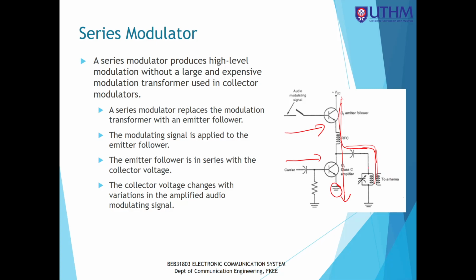So during the negative cycle of the input, the LC tank circuit will resonate and discharge to produce the negative cycle of the output. Okay, so we're going to produce a full set of positive and negative sides at the output.